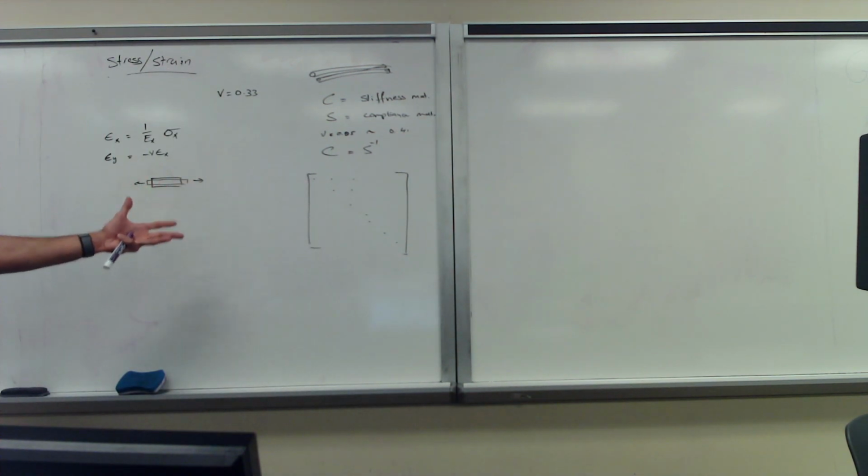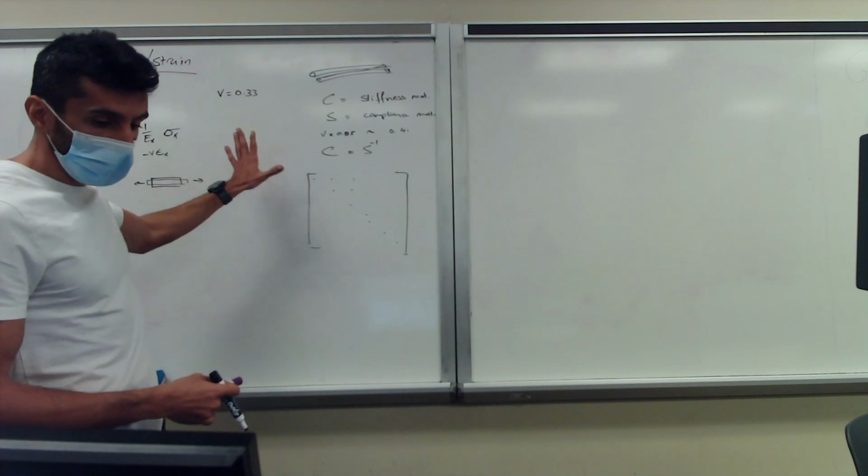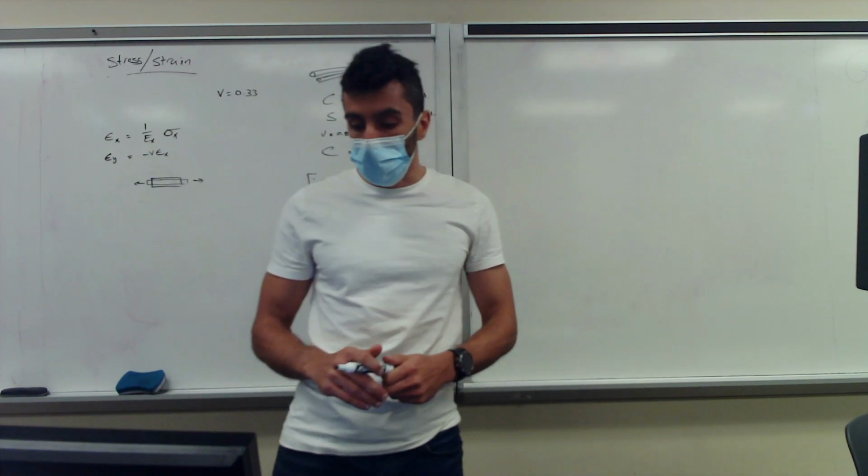You can even engineer materials, structures like metamaterials, with a certain structure where you pull in one direction and it expands in the other direction as well. So you get a negative Poisson ratio. But for the course, we just use metals, so we can just assume 0.33.